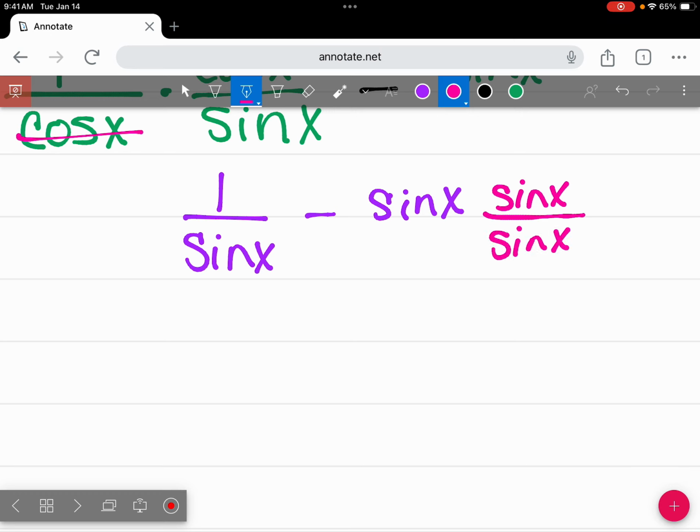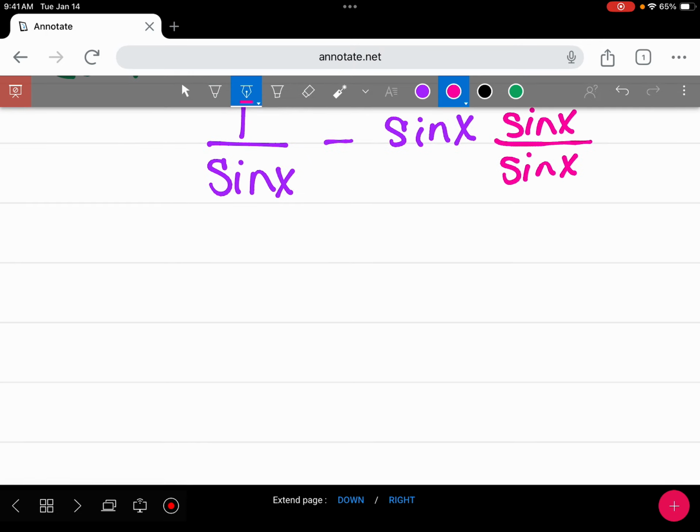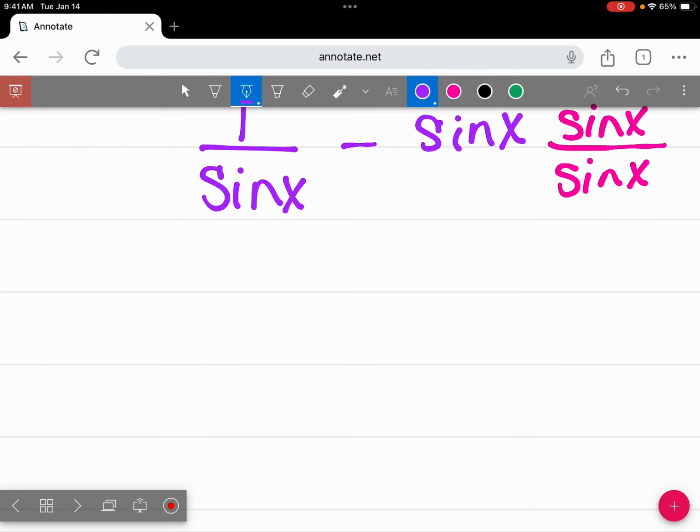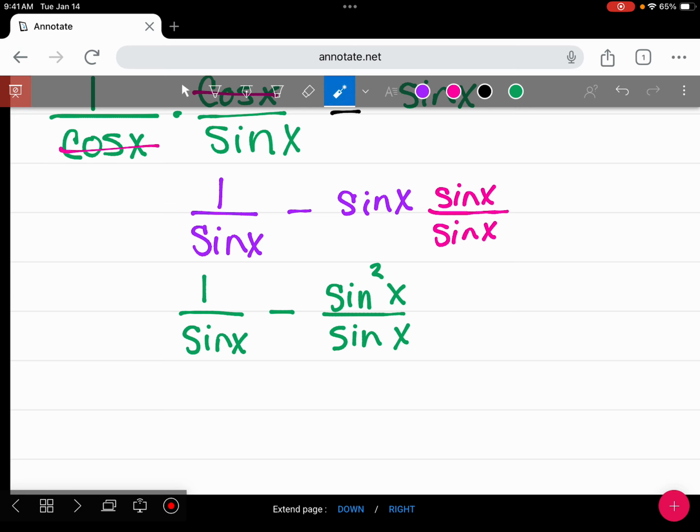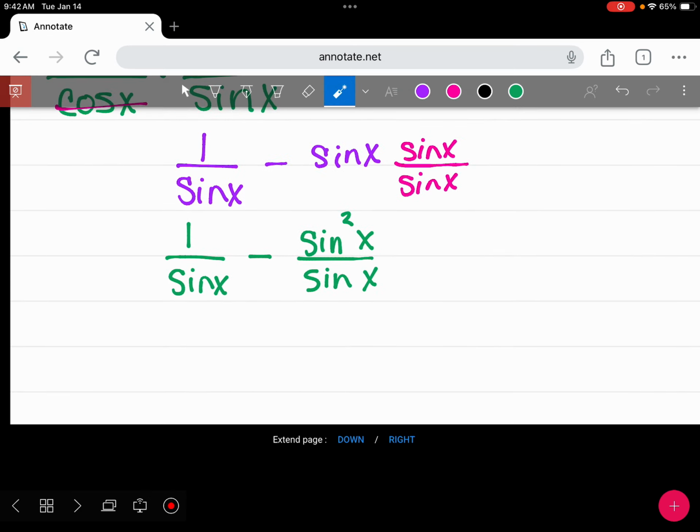I can multiply by 1. It's a funky looking 1, but it's there. So what we have is 1 over sine of x minus sine of x times sine of x gives us sine squared x over sine x. Because we want them to have that common denominator so I can push these together.